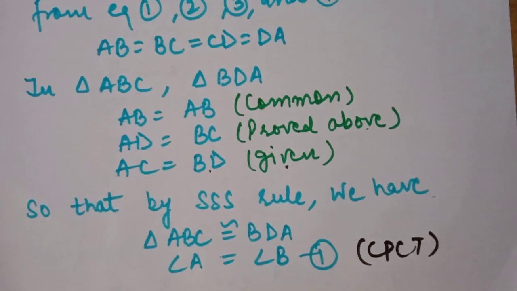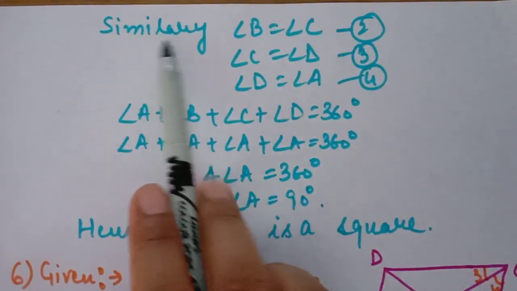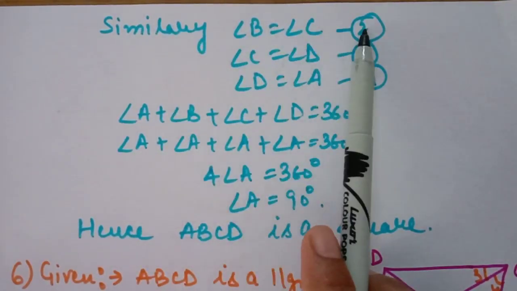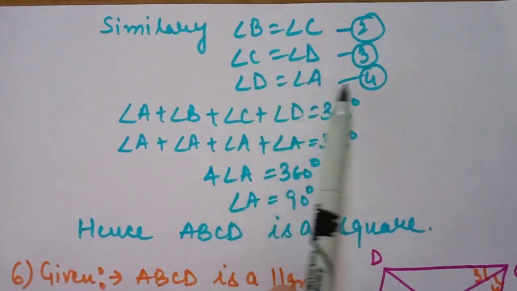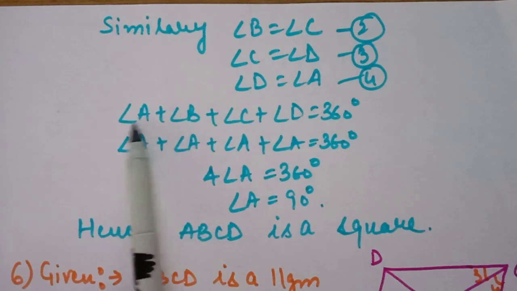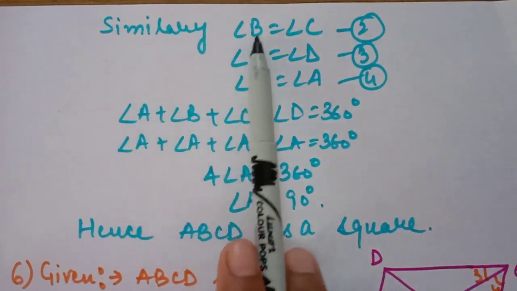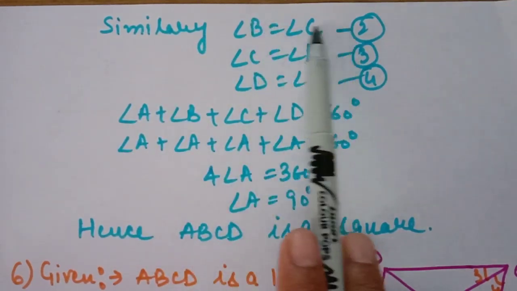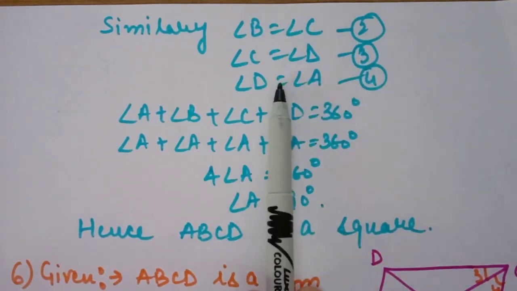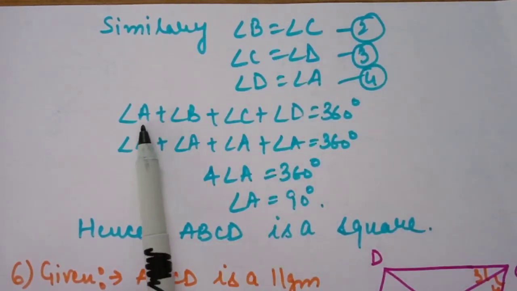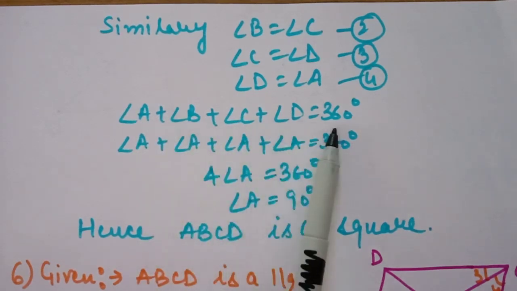So students, similarly we can prove angle B and angle C are also equal, angle C and angle D are also equal, and angle D and angle A are also equal. From equations 1, 2, 3, 4, all angles are equal to each other. We know very well that the sum of all four angles in a quadrilateral is equal to 360 degrees by the angle sum property of a quadrilateral.